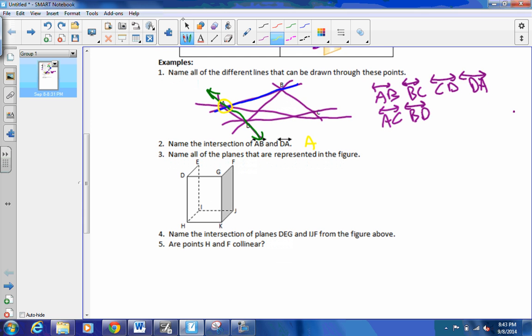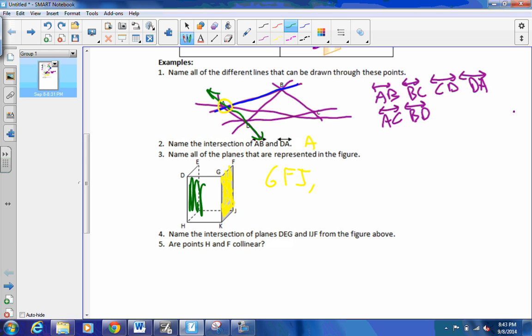Number 3, name all the planes that are represented in this figure. So there are so many different planes. All you need to do when you're naming a plane, for instance, this gray one here that I'm going to shade also in yellow, is 3 points. So we know 4 points that are on here. You can call it G, F, J if you want. So that'd be plane GFJ. Let's do a different one in green.